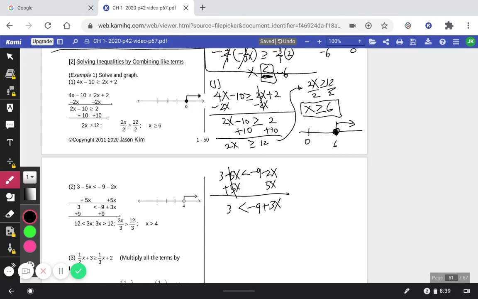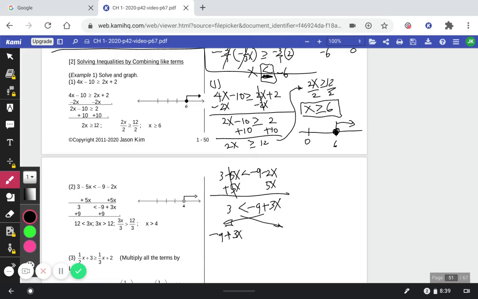Again, you have an x on the right side. What do you do? X has to be on the left side. So all you have to do is just switch them. You can switch at this point, or you can do further steps and switch later. I like to switch at this point. So negative 9 plus 3x.